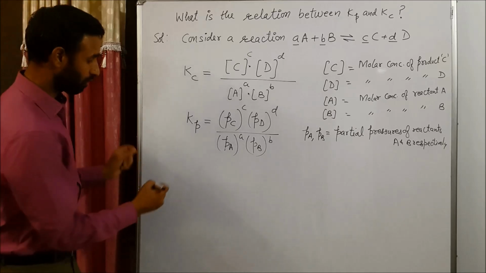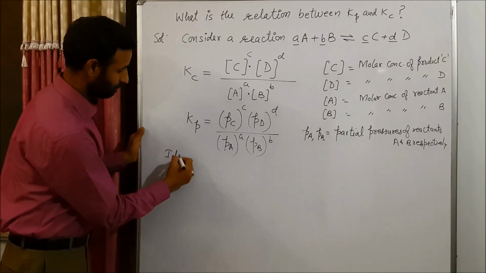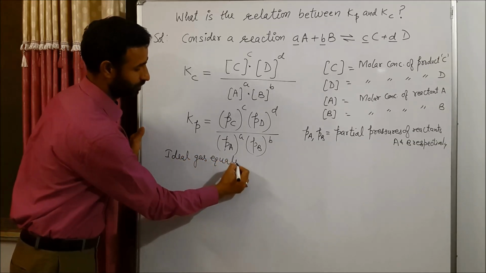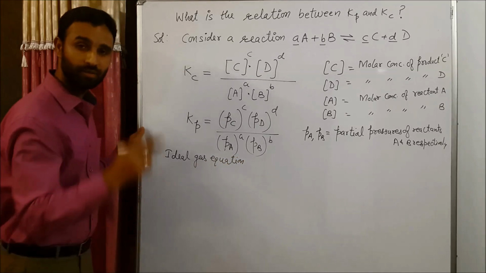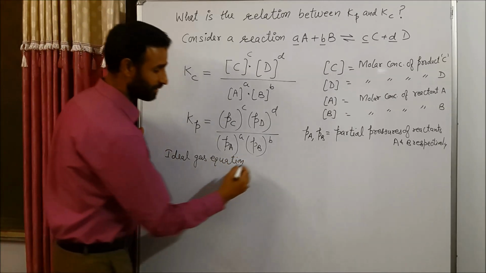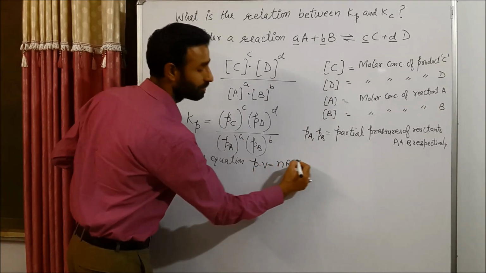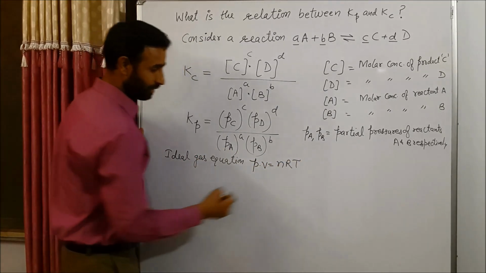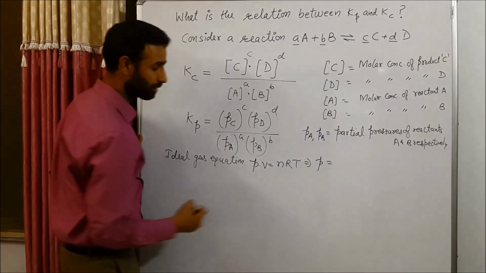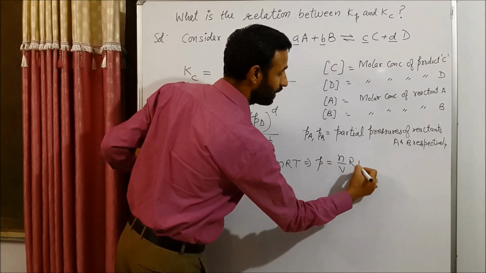Now you know, according to the ideal gas equation, what is the ideal gas equation? You have studied it in states of matter, even in the first chapter. You know, PV equals nRT. So now what is P? P is equal to n by V into RT.